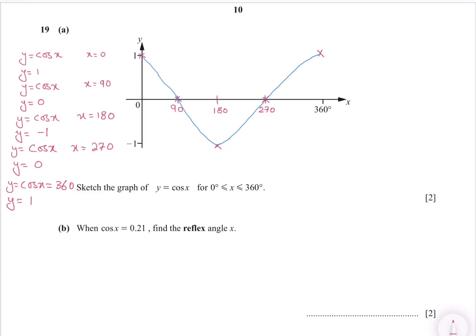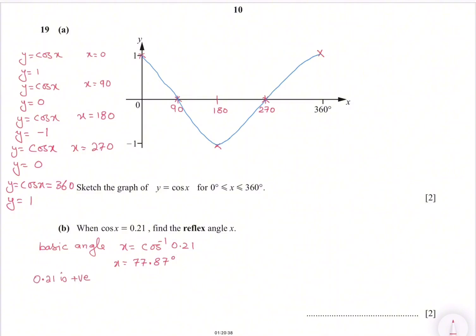Part B says when cos of x is equal to 0.21, find the reflex angle x. Okay, so first find the basic angle. So x is equal to cos inverse of 0.21. So this is 77.87, our basic angle. It is always made with the x-axis.